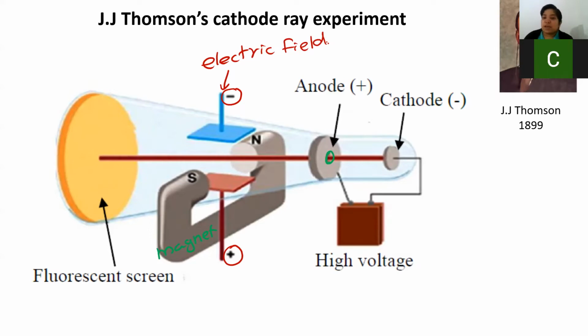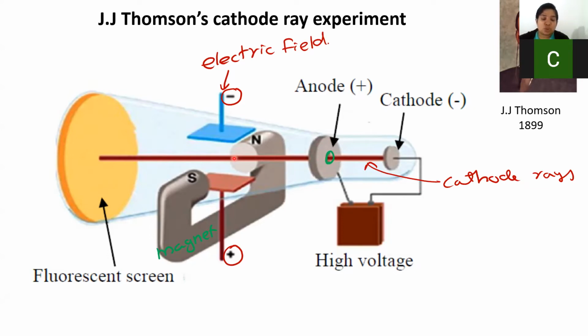So what happened is that when he provided this high voltage between cathode and anode, he started noticing these cathode rays moving from cathode to anode. And since there is a hole, whatever part of the cathode rays is not absorbed by the anode goes through this hole.